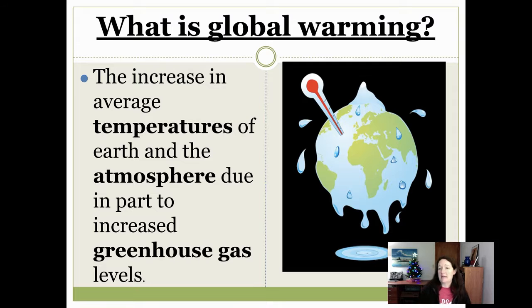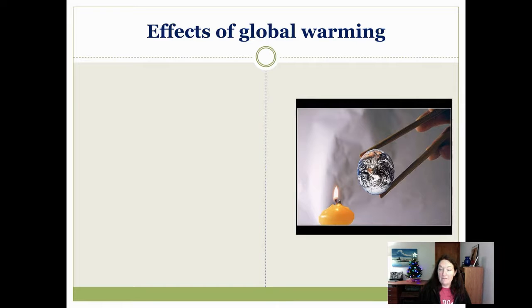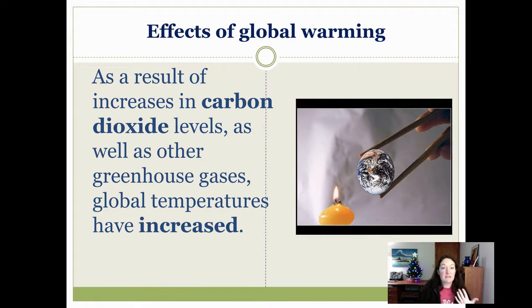However, these greenhouse gas levels have had the most significant impact in our human history in the last 12,000 years or so, and especially in the last 250 since the Industrial Revolution. So the effects of global warming are that we see these increased carbon dioxide levels, as well as other greenhouse gases.